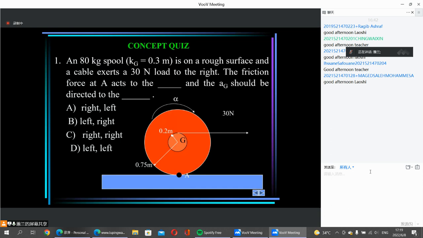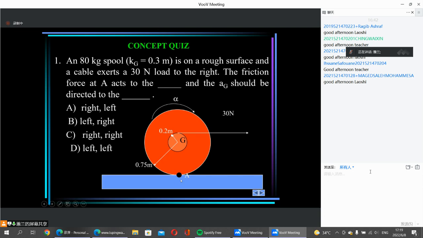Okay, an 8 kg spool, the k_G is equal to 0.3 meter. That means the radius of gyration is given. It is a rough surface and a cable exerts a 30 Newton load to the right. The friction force at A acts to the right or left, and a_G should be directed to the right or to the left.